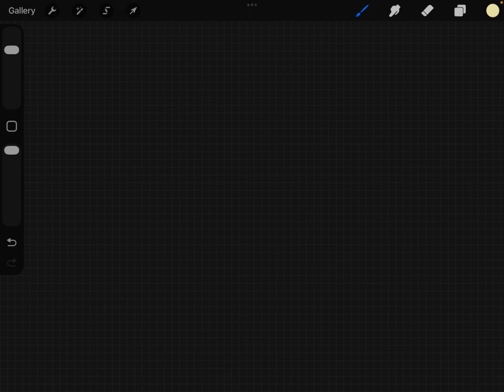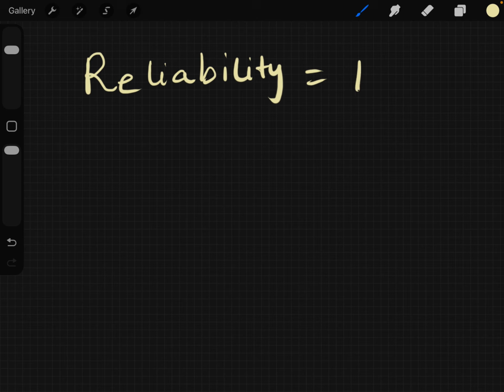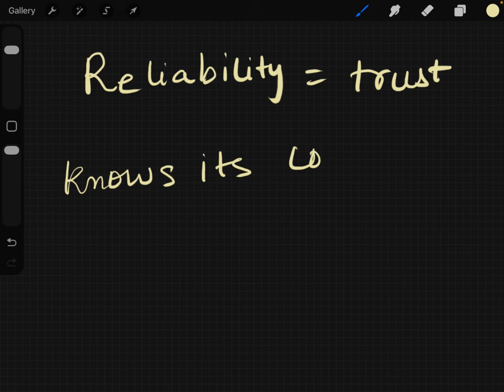Let's talk about reliability. Reliability in machine learning is about trust. Reliability focuses on whether a model behaves in a way that aligns with our expectations, especially when decisions matter.